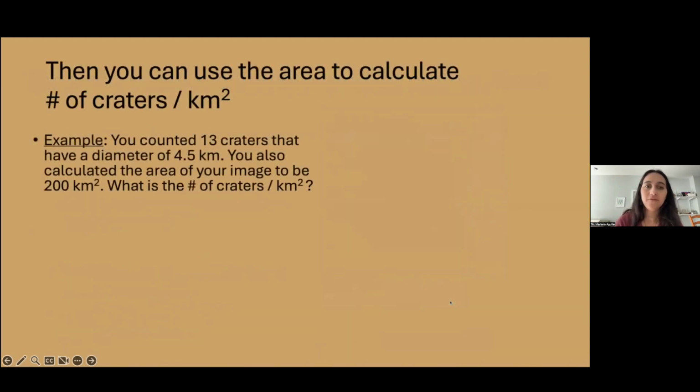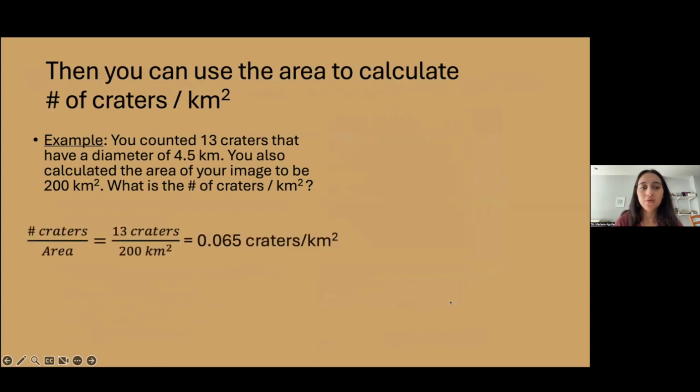So for example, you found 13 craters that were around 4.5 kilometers. And you calculated the area to be 200 kilometers. So what is the number of craters per kilometer squared that were 4.5? So you do number of craters divided by the area. So it'll be 13 craters divided by 200 kilometers squared, and you get this number here.